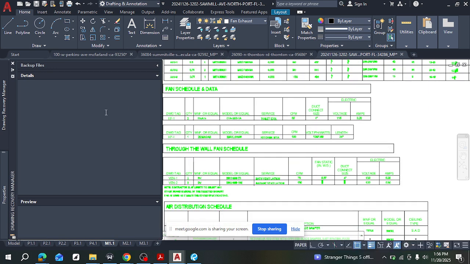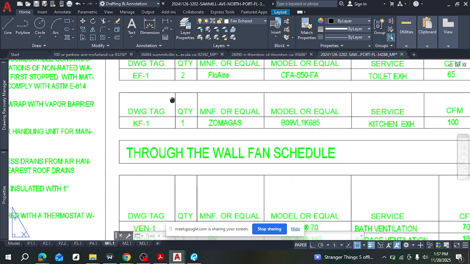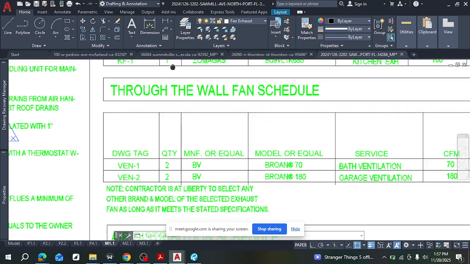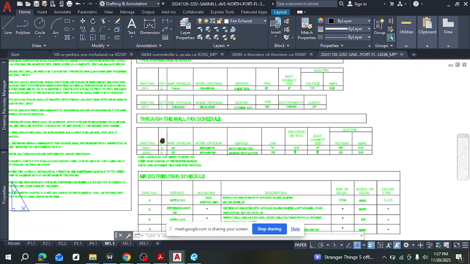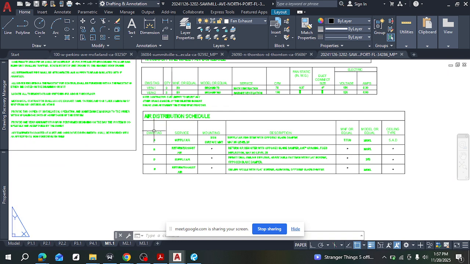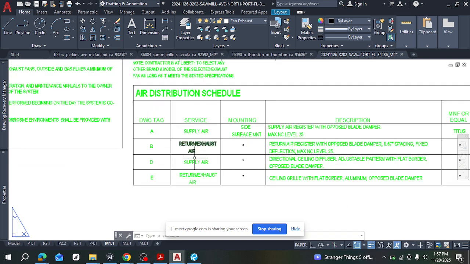There's an exhaust fan, there's a kitchen fan, and there are ventilation fans. All those things I stated out here. And then more information on the schedule. In our next class we'll talk about this further.